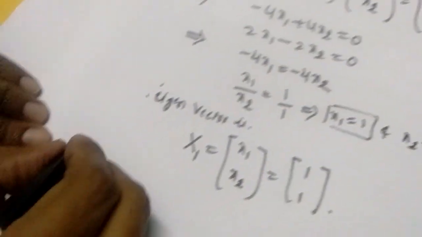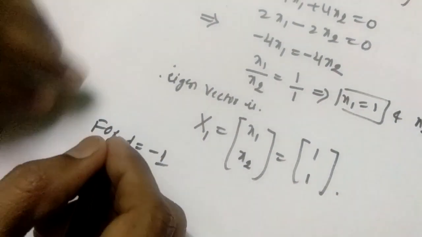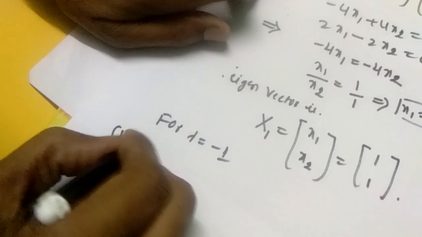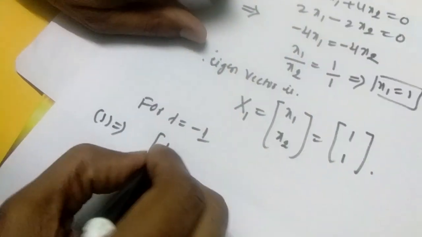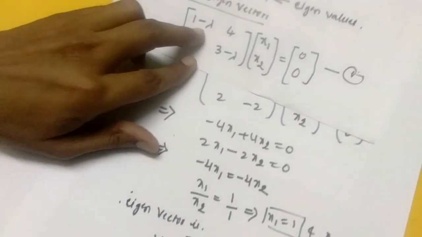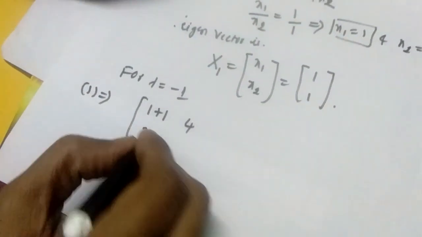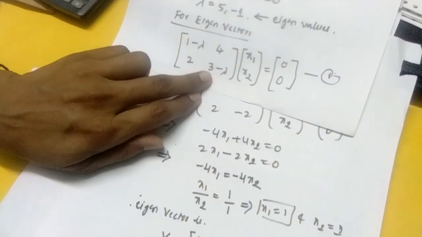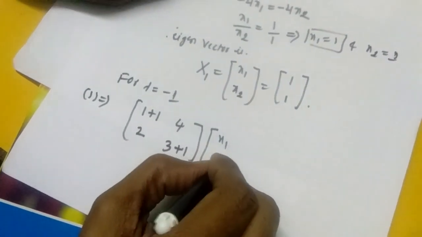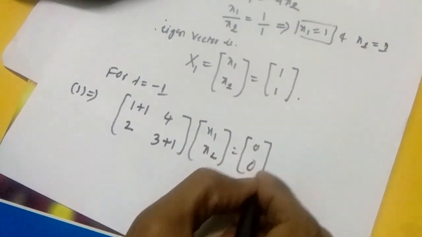Now for the second, for lambda equal to minus 1, equation 1 becomes [1 minus (minus 1), 4; 2, 3 minus (minus 1)] into [x1, x2] equal to [0, 0].